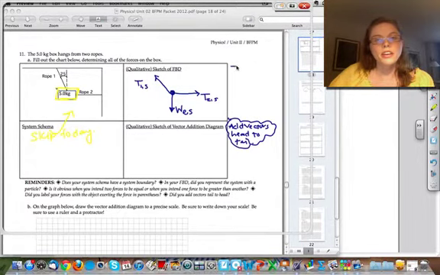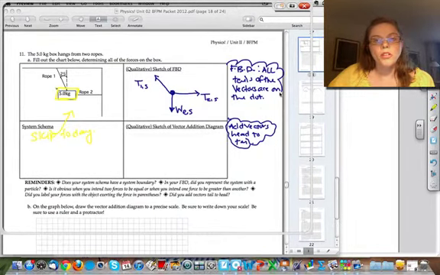And over here, in a free body diagram, all tails of the vectors are on the dot. So, for a free body diagram, we draw all the tails on the dot. For a vector addition diagram, we don't. So let's start with the weight. So we start with the weight.